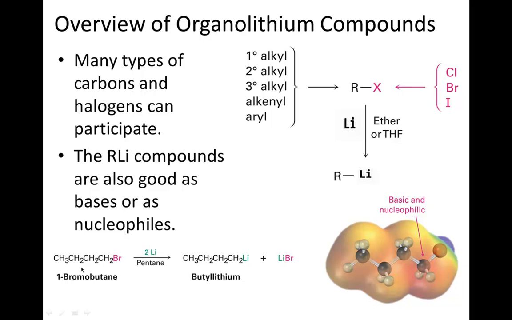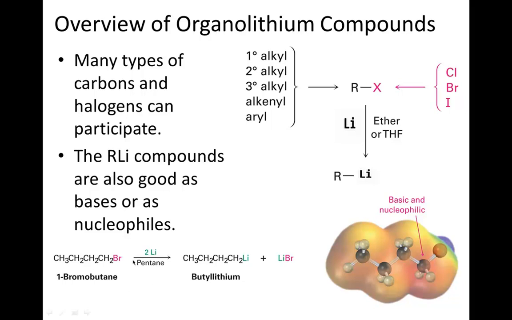And so these things can be made just like Grignards, and they can be used as strong bases. In fact, this is butyllithium, or normal butyllithium, which is frequently used as a strong base because you can actually buy that.